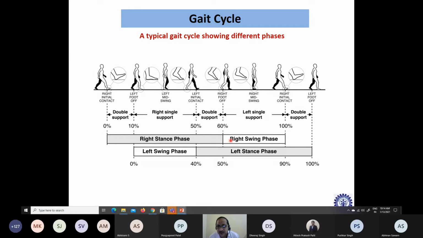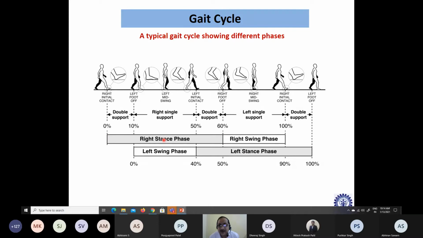Whereas when the right swing phase is executed by the right leg, the left is executing the stance phase. But if you see in terms of percentage of cycle, the stance phase, be it right or be it left, is always 60% of the cycle.